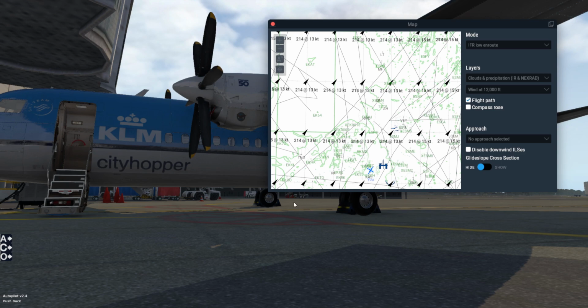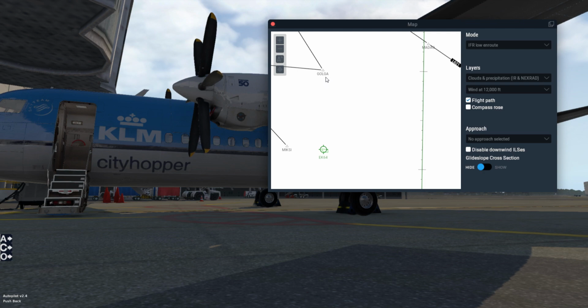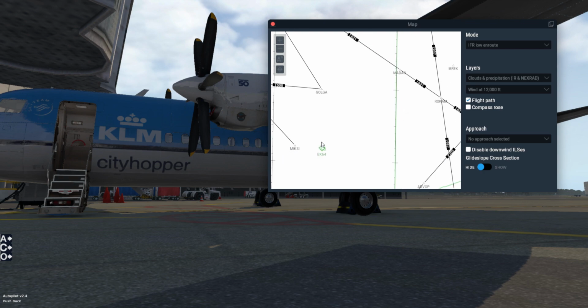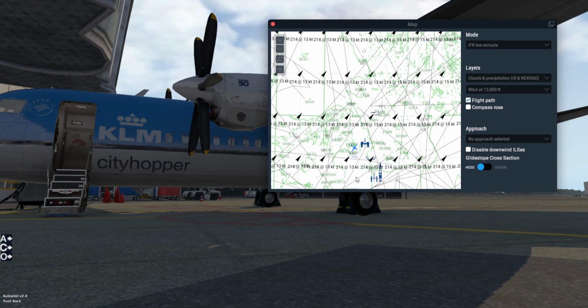And now I can cheat a bit, because I can actually see here which waypoints are in my nav database. I have both Golga and Mixi, so I know that I can use those in order to get up to Aalborg.